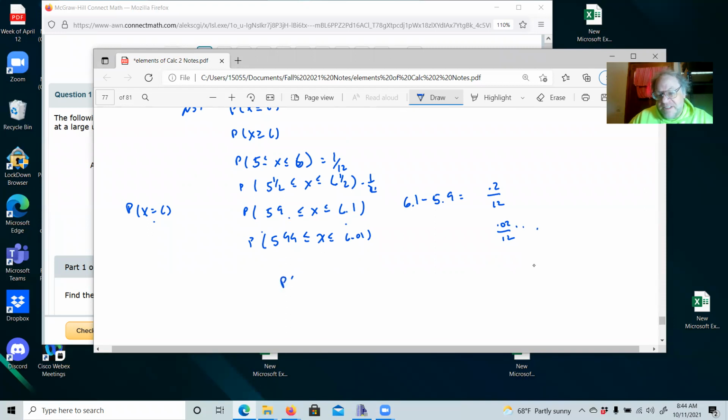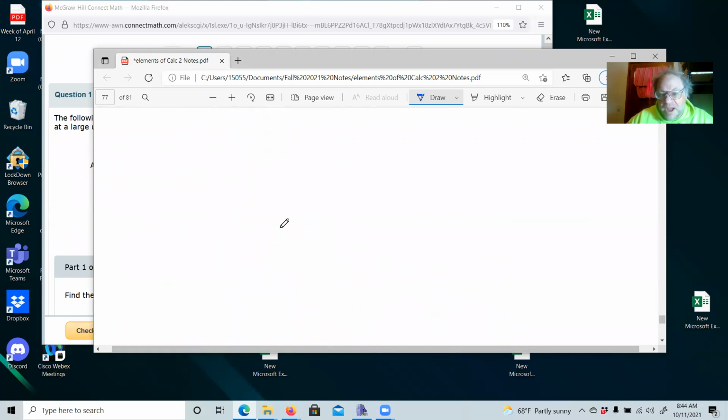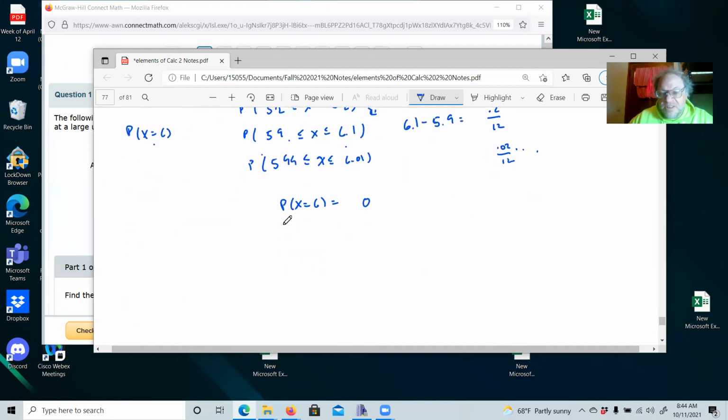So the probability that x equals 6 is equal to 0, because we don't single out one specific spot. Philosophically, think about the probability that a human being is exactly 5 foot 9 inches. Not one hair above, not one hair below. How many decimal points do you have to go out for this to happen?